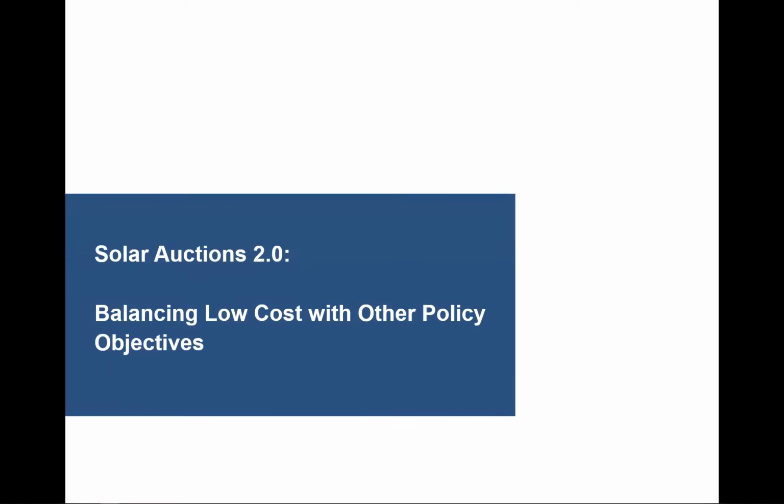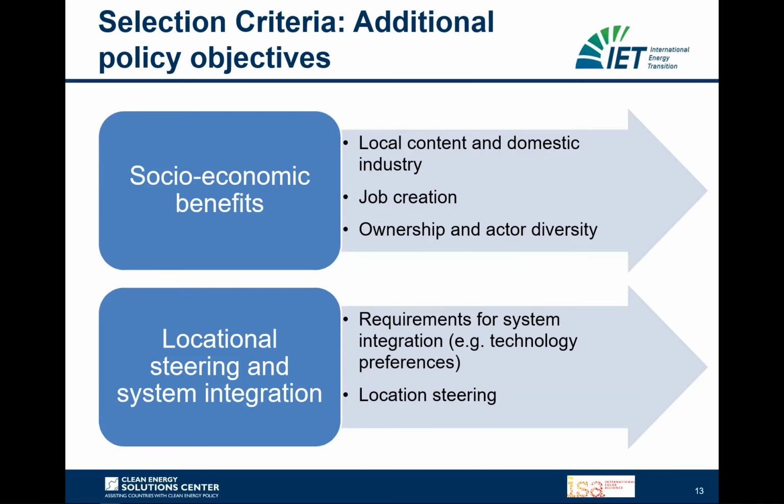So this is leading us to what I call solar auction design 2.0, balancing least cost procurement with other policy objectives. And in this session, we're going to look at 5 different aspects. First of all, 3 socio-economic objectives or socio-economic benefits, which are frequently associated with renewable energy deployment.